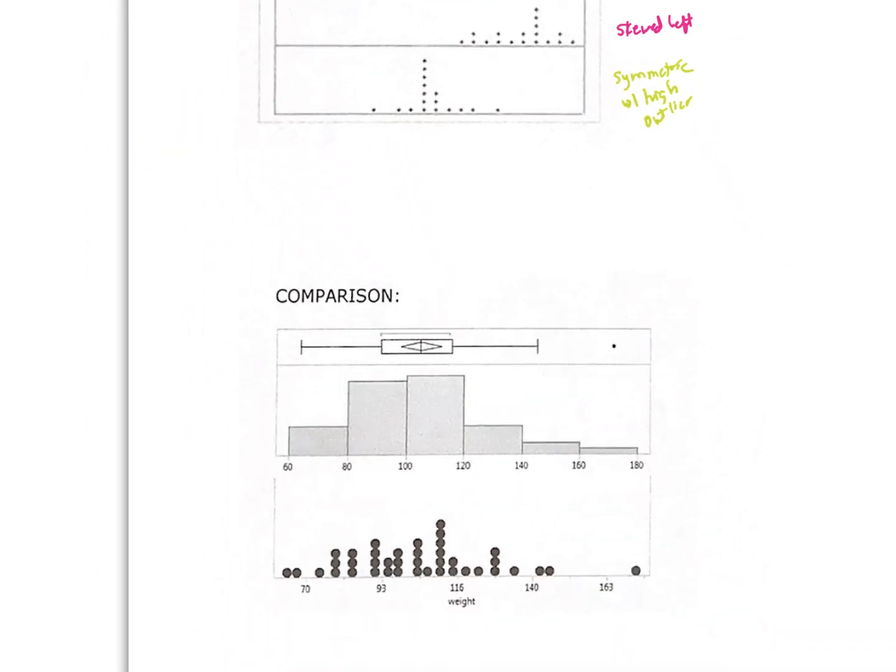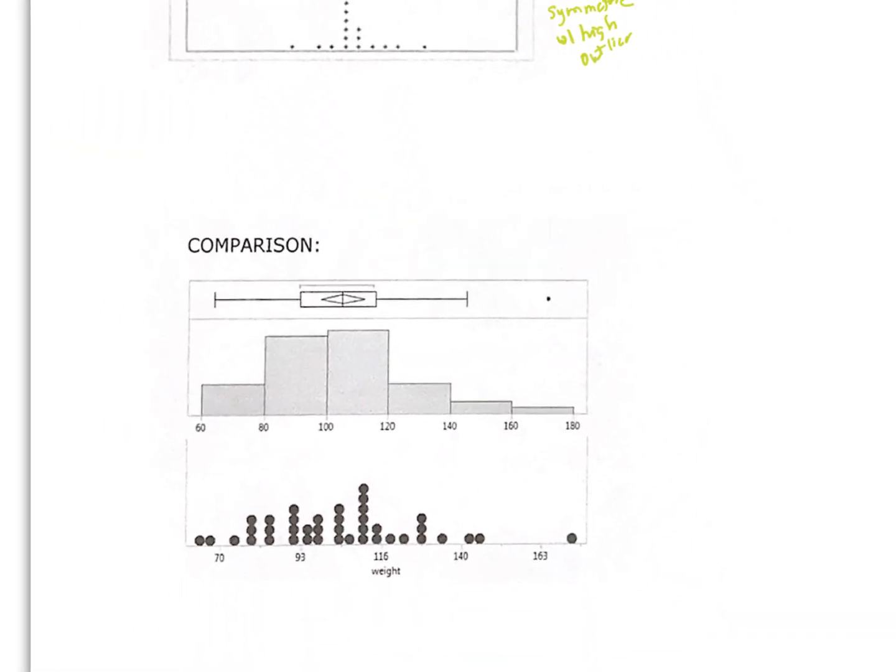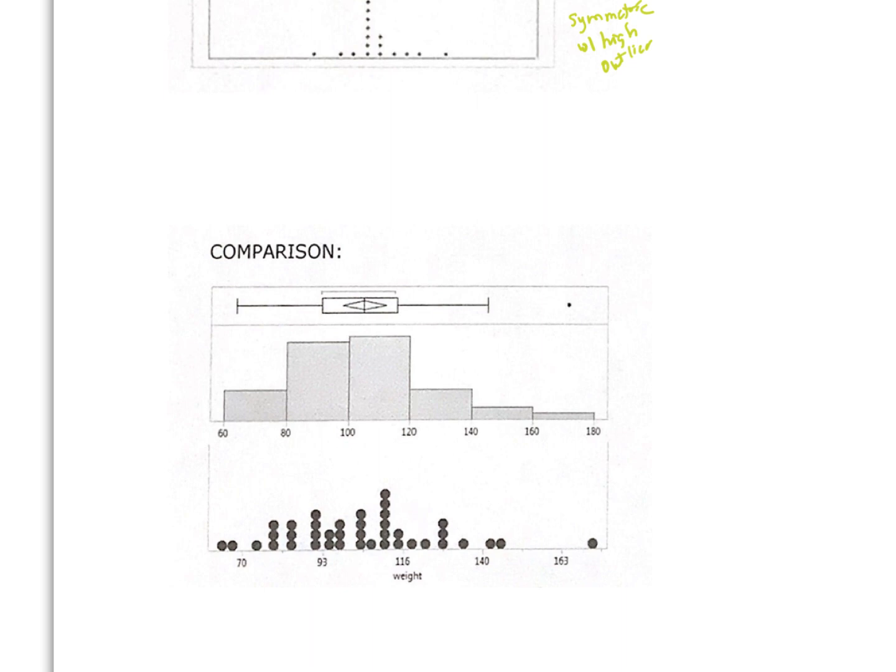All right. On this last graph, it's kind of showing you a comparison between, here's a set of data, and they're representing the data using a dot plot, using a histogram, and then as a box and whisker plot or a box plot.